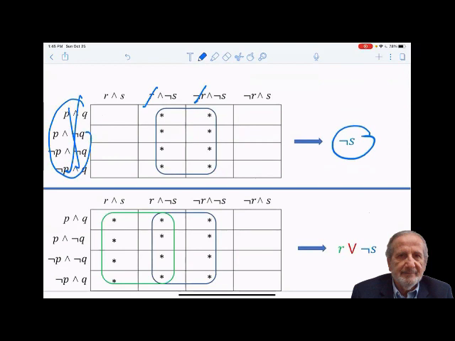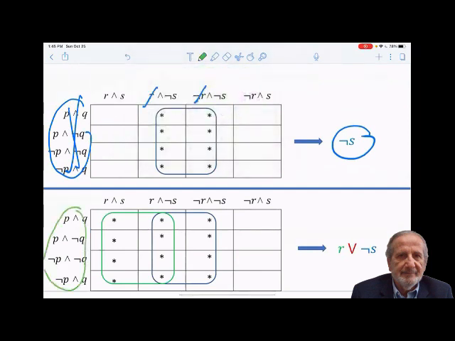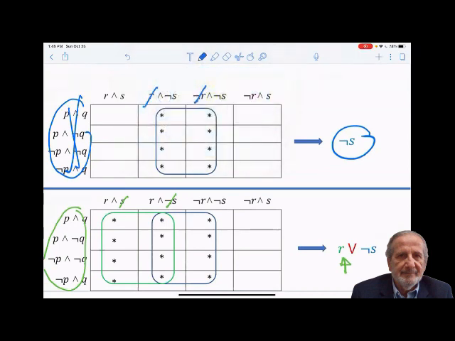For the green, all of this cancels, and then on top, s cancels not s, you get an r. The blue now, the same thing, all this cancels. On top, r cancels not r, you get not s.